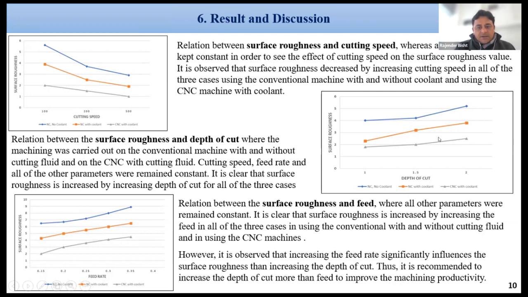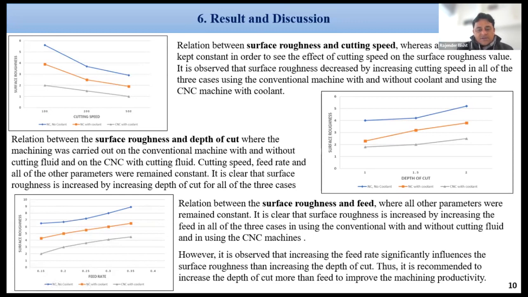In the second relationship, we can see that surface roughness increases with increasing depth of cut in all three cases. In the third, the relation between surface roughness and feed rate, it is clear that surface roughness also increases with increasing feed in all three cases.